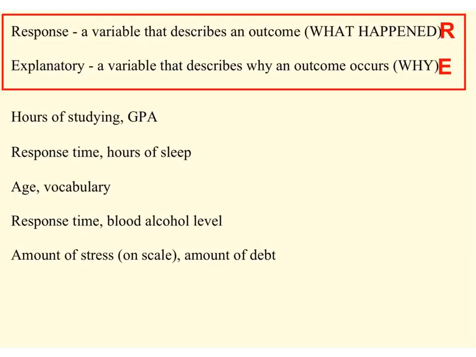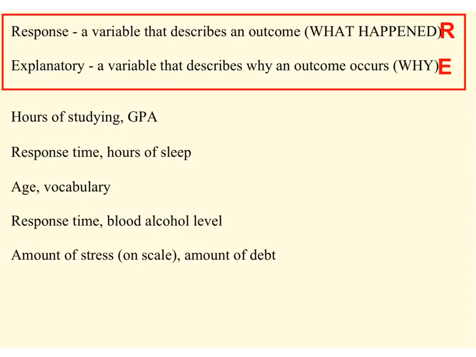And we're going to start talking about these relationships between variables. We often refer to them in a response and explanatory way. A response variable describes what happened, and the explanatory variable attempts to describe why it happened.